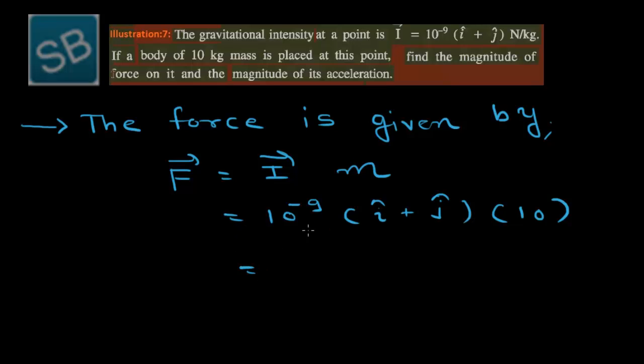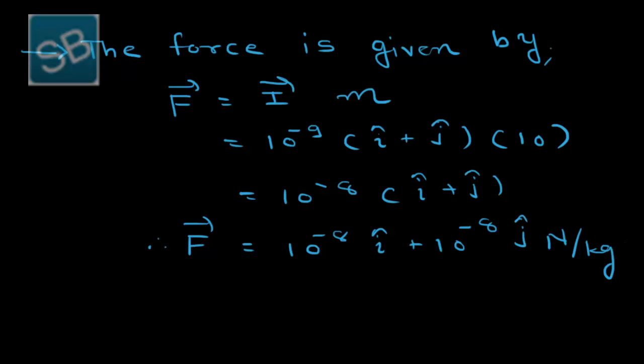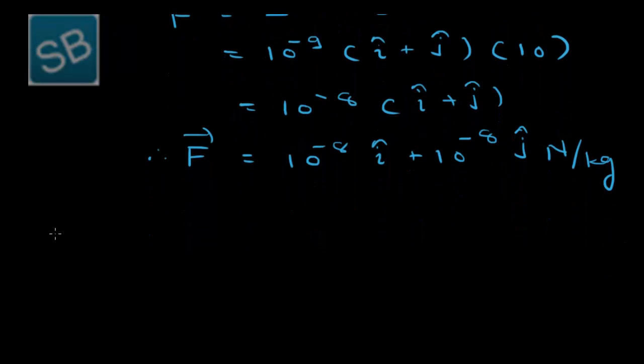So 10 raised to minus 9 into 10, that is 10 to the power minus 8 (i cap plus j cap). And so the final value of force I can write as 10 to the power minus 8 i cap plus 10 to the power minus 8 j cap, not Newton per kilogram, because it is the value of force only, I can write only Newton.